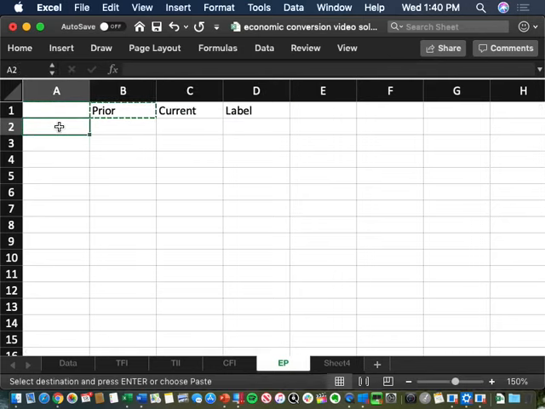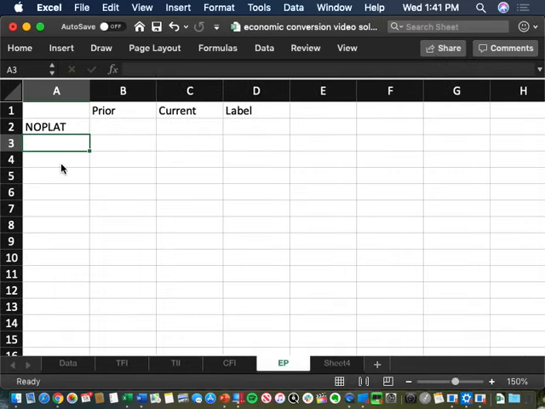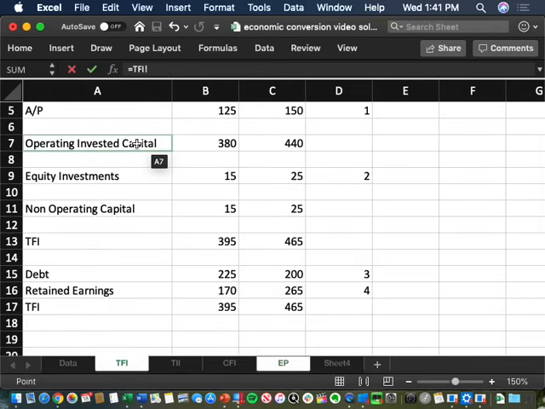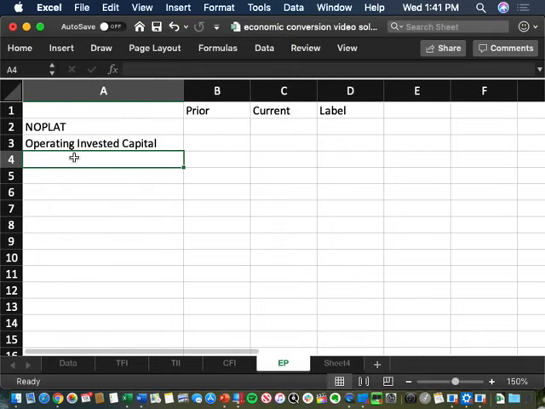All right, so to get economic profit, we take our NOPLAT and we divide it by our operating invested capital, and that gets us something called ROIC.